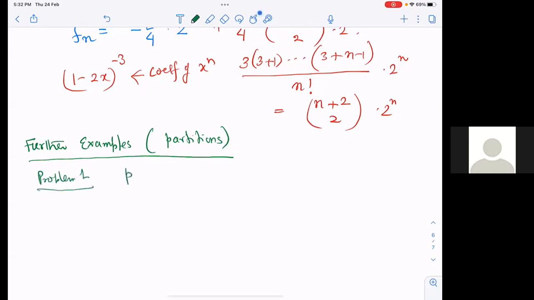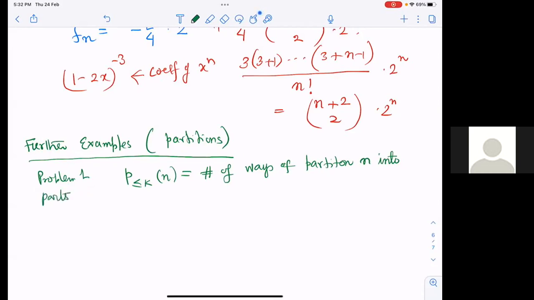So let P less than or equal to k of n. This symbol means the number of ways of partitioning n into parts of size at most k.